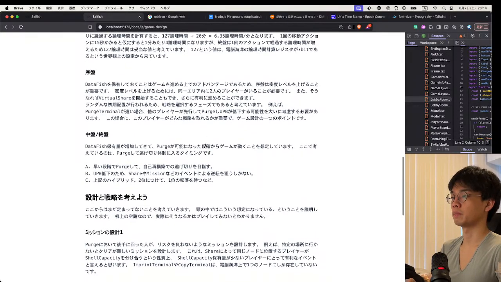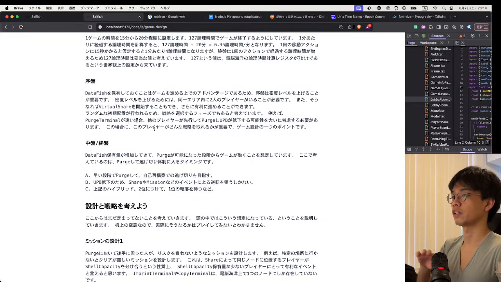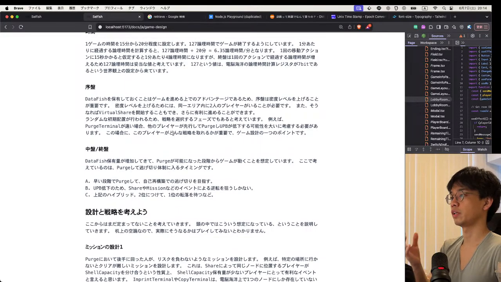For example, Parse Terminal is a place to parse data fish. If the parse terminal is far from you, the other player might go to the parse terminal earlier than you, and the other player parses, and then UPB is going down.